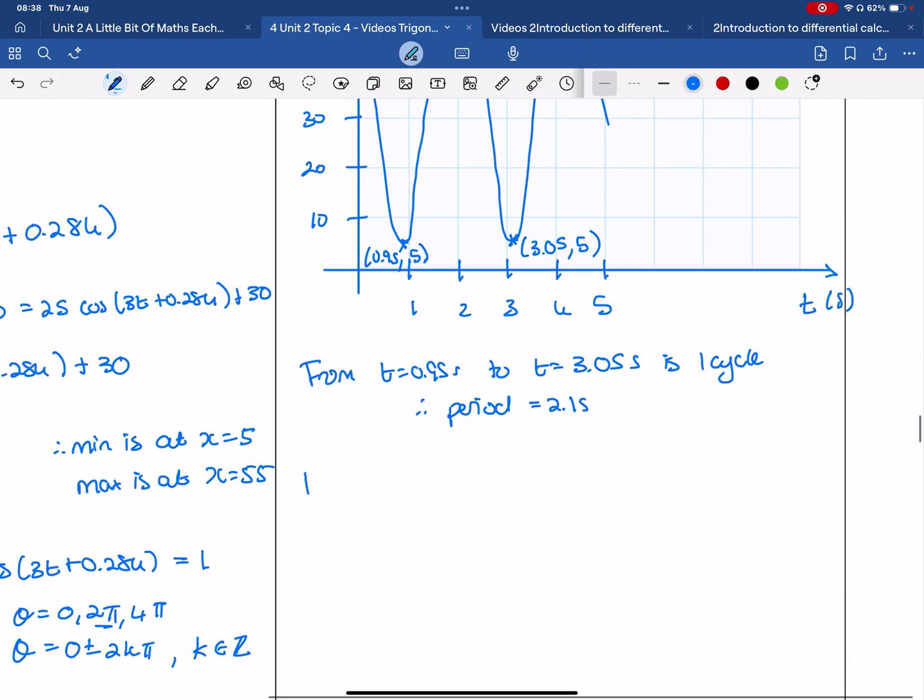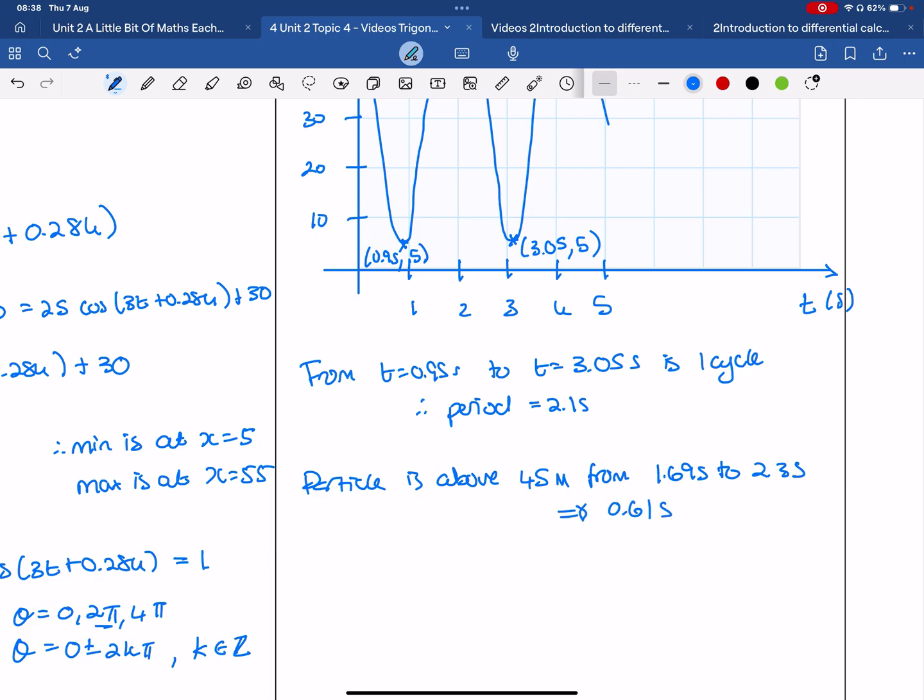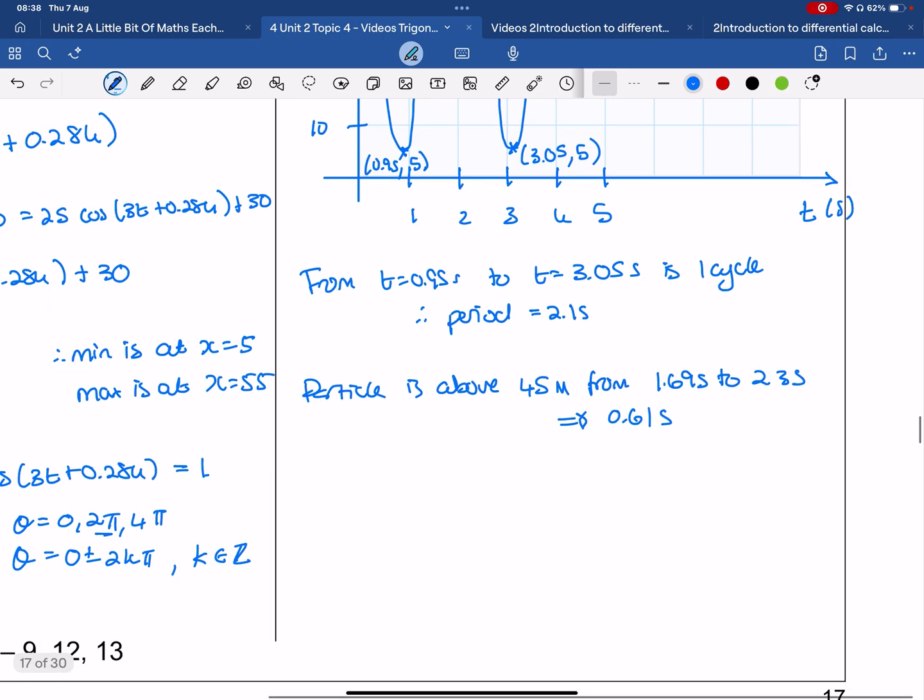So I can figure out how long that period is over there. Okay, so the particle is above 45 meters from 1.69 seconds to 2.3 seconds, so around about 0.61 seconds. And I can work out that percentage of time, because 0.61 seconds out of 2.1 seconds times 100% is 29% of the time.